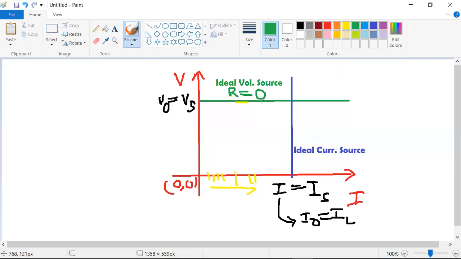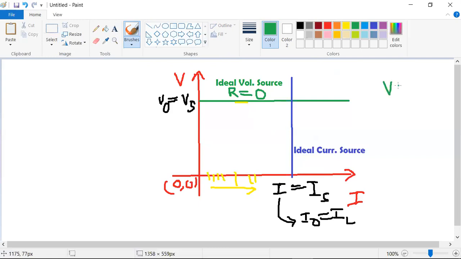When my resistance is zero, the voltage drop is not there, because the voltage drop is the product of resistance and current. For the voltage drop formula, V is equal to I into R. When my resistance is zero, there is no voltage drop.